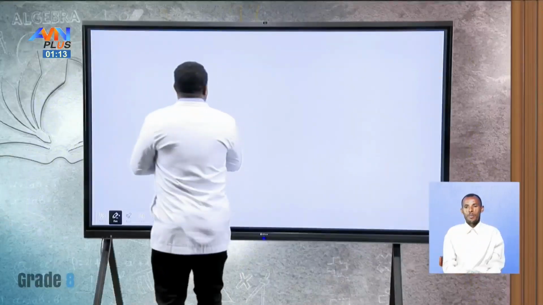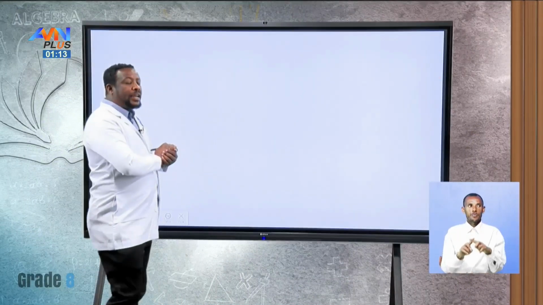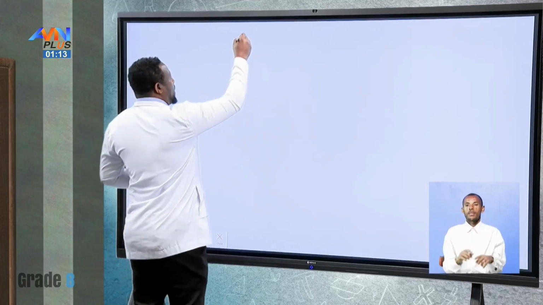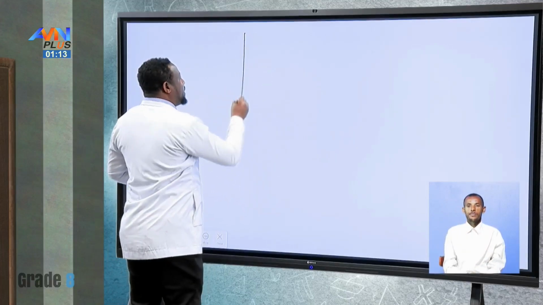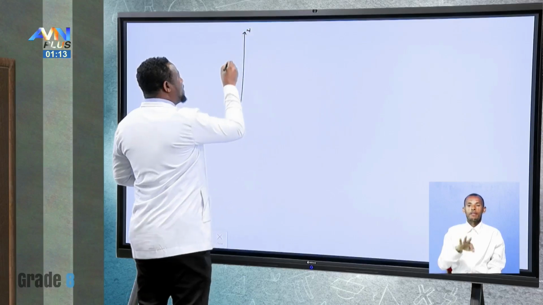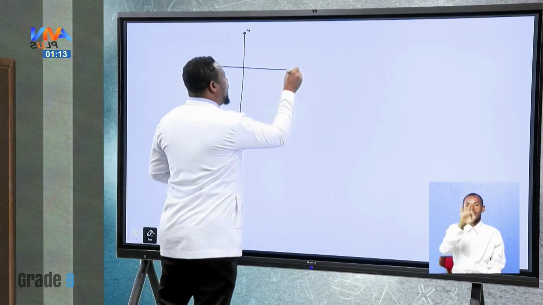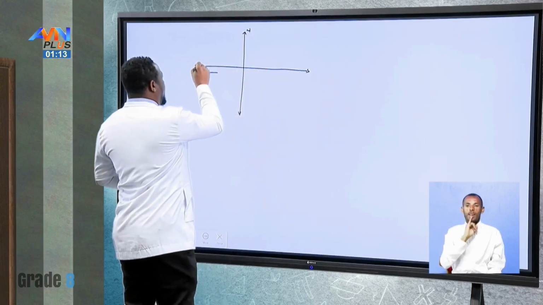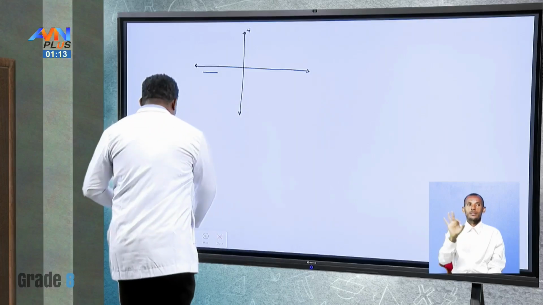Good. So in our previous lesson, we have also seen the 4 quadrants, right? Say the vertical line is the y-axis and the horizontal line is the x-axis, okay?